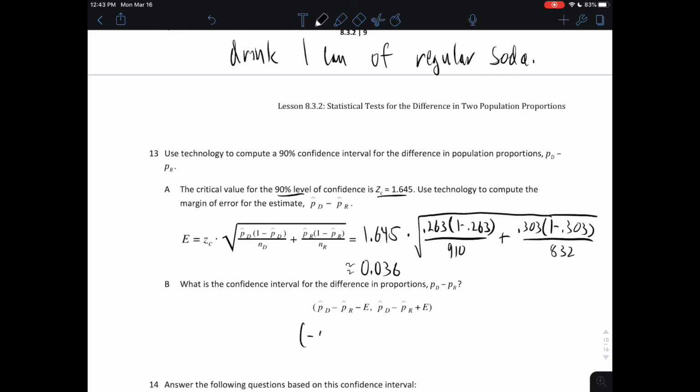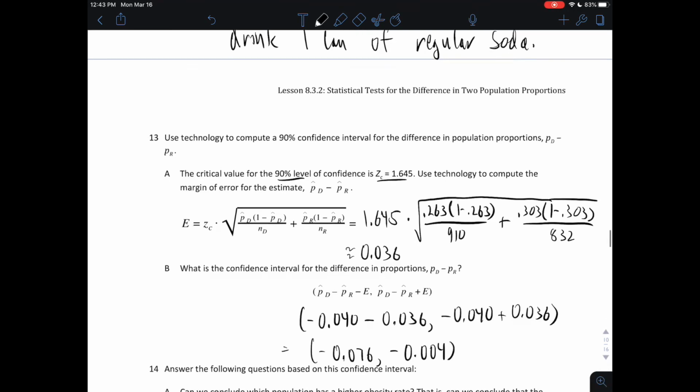We said that that difference was already negative 0.040. And then that gives us a confidence interval of negative 0.076, comma, negative 0.004.